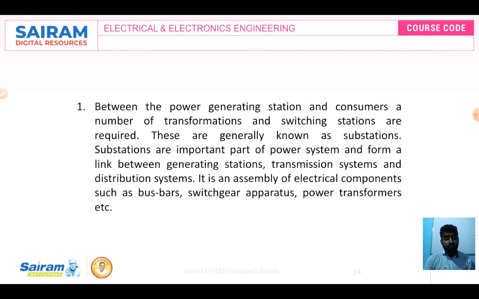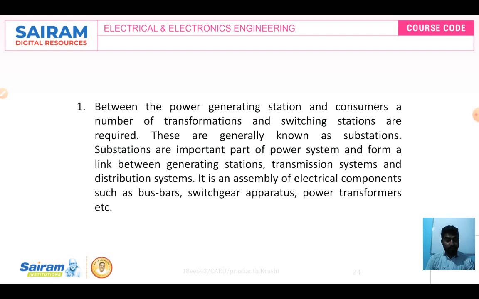Between the power generating station and the consumer, a number of transformers and switching stations are required. From the generating station to the consumer, we can expect around 10 transformers, not just three or four. Let me tell you how. From Raichur thermal power plant, there is a step up transformer.